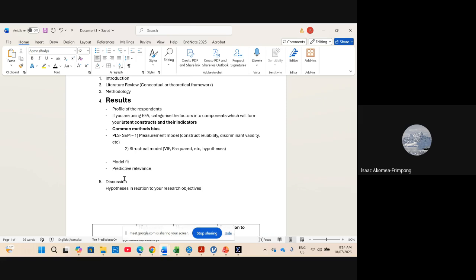With respect to discriminant validity and construct reliability, you leave them in the results section.